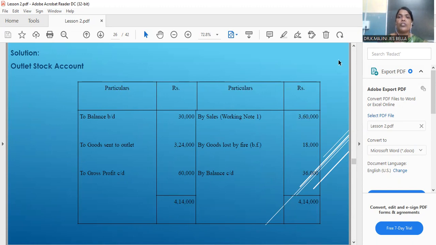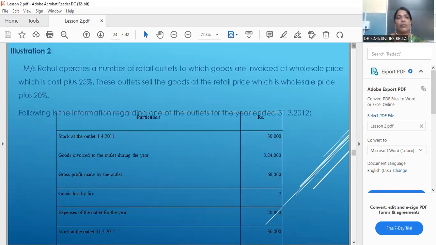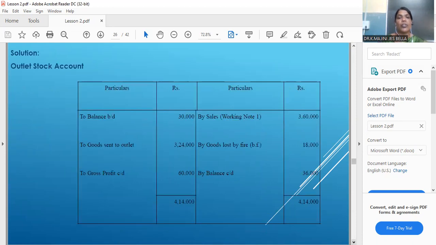Then how much is the closing balance? Closing balance is 36,000, stock at the outlet on 31/3/2012, 36,000. So you can write here by balance c/d 36,000. Just to total it, the debit side total is 4,14,000.